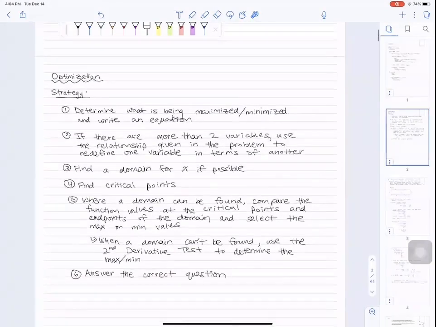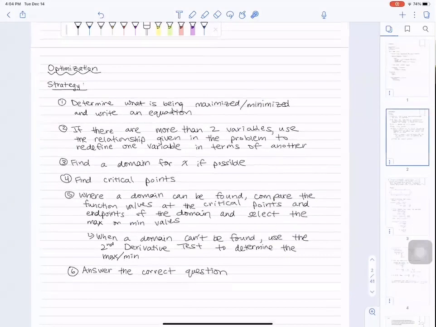All right. So to get started, a big topic was optimization. There's a strategy for how you want to approach these optimization problems. First, you want to determine what is being maximized or minimized. What is the question asking you? Write an equation, so that's the equation that you're going to be taking the derivative of.